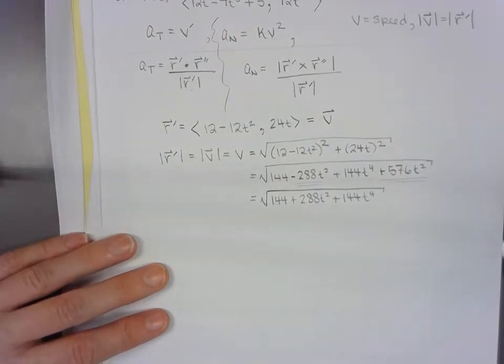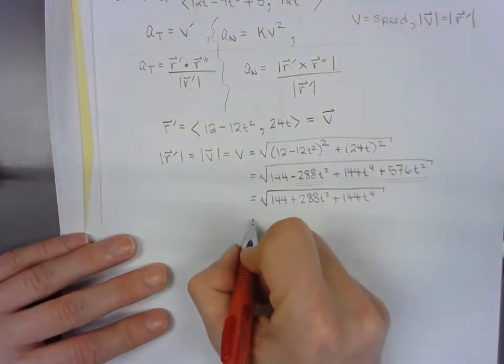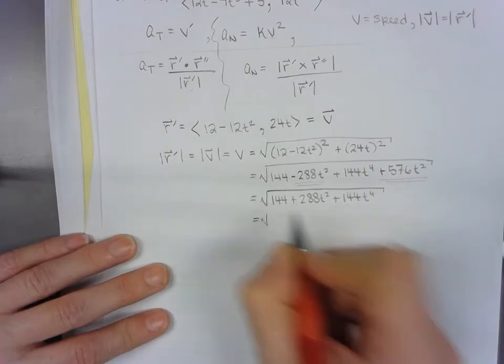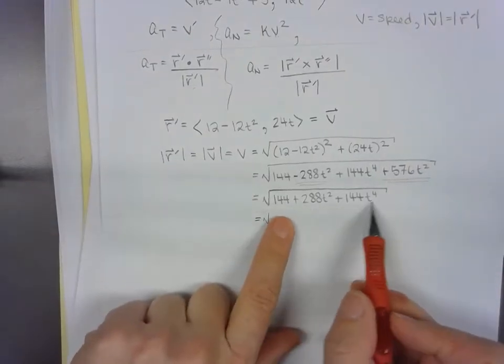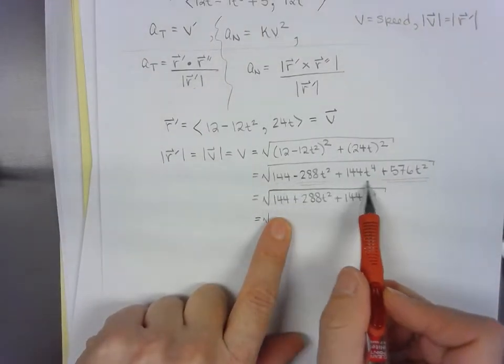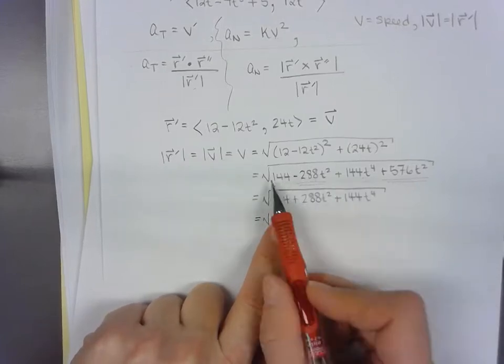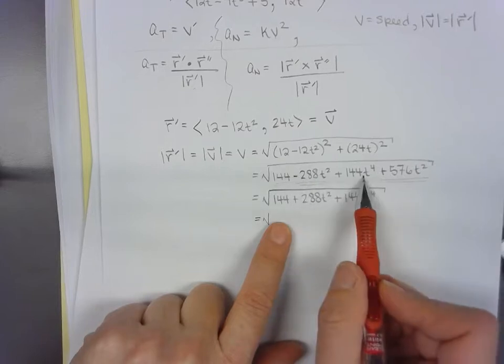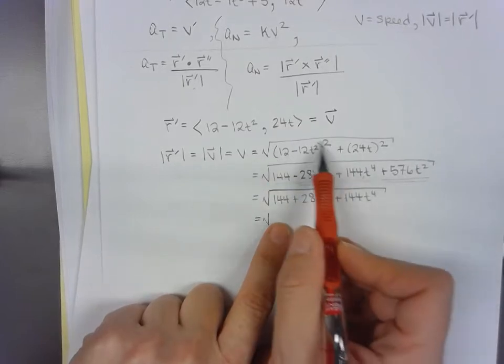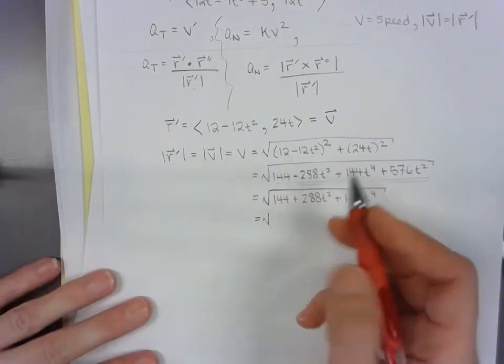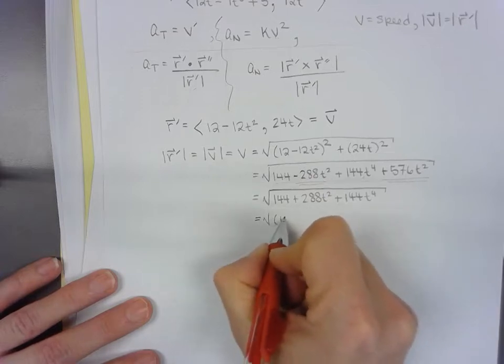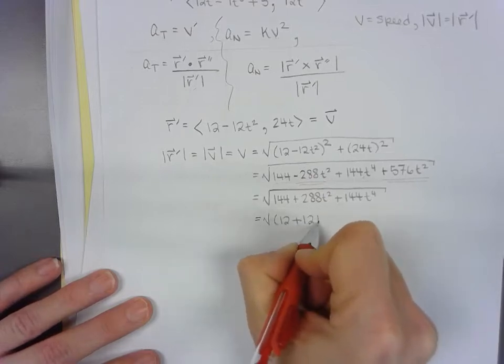I can make this look nicer, right? Because this is almost exactly like those three terms, just with a plus instead of a minus. How did I get these three terms? By squaring this. These three terms would be (12 plus 12t squared) quantity squared.